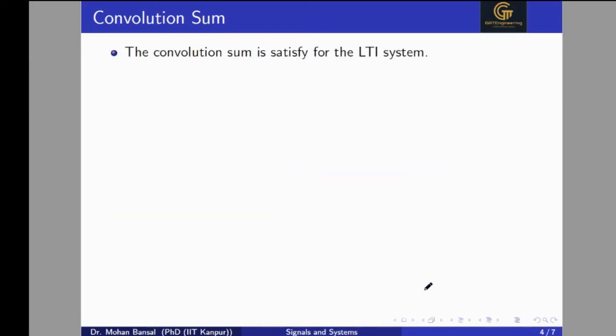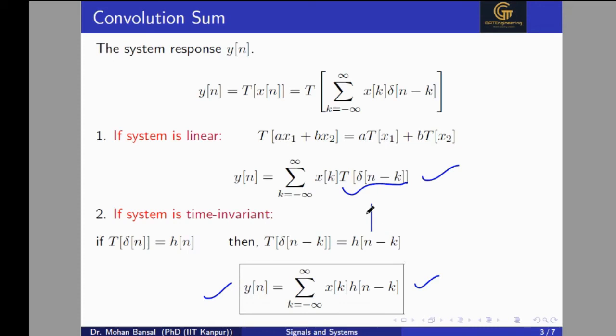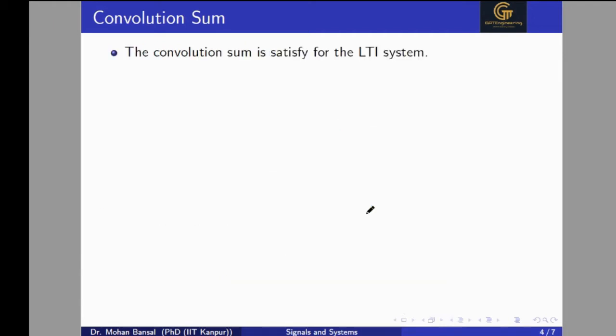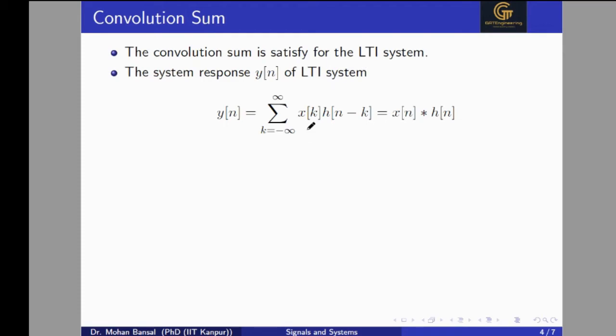Here we have seen that the system is linear and time invariant, so the convolution sum is satisfied for the LTI system. The convolution sum is suitable for the linear time invariant system. It can be represented by the summation of k equal to minus infinity to infinity x[k] h[n minus k], and can be written as x[n] convolved with h[n].